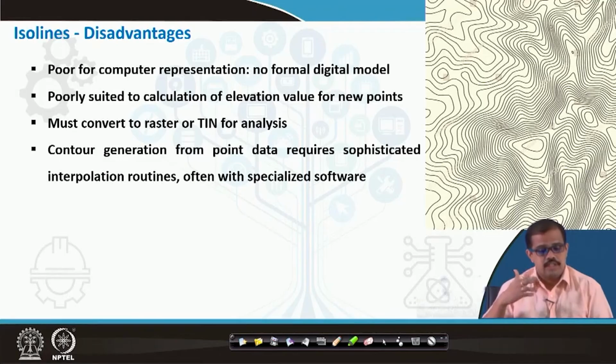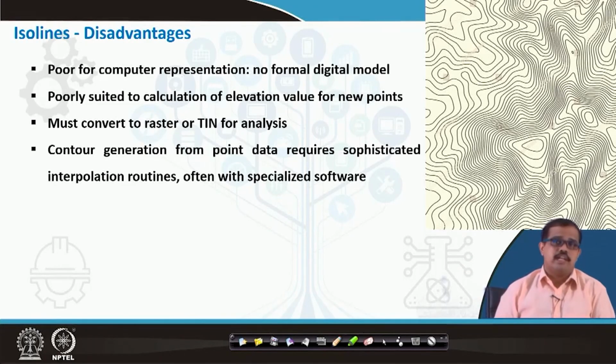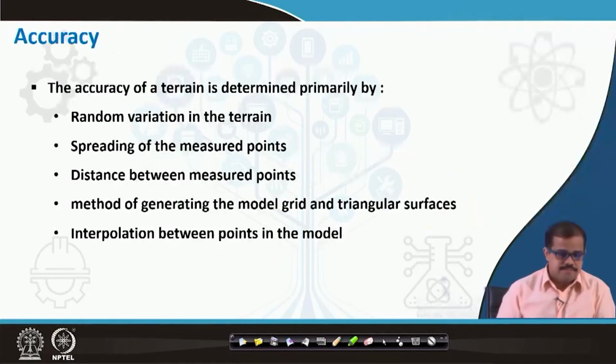So for contour generation from point data, you need specific science-based tools on geographical information systems; only then will you be able to generate data from isolines. Any of the freely available software, or even ArcGIS or MapInfo, can generate the contours from your point data.